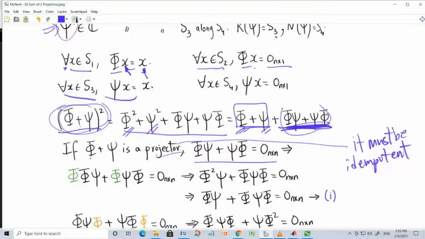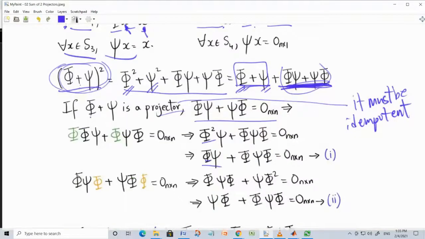Okay. Phi psi plus psi phi is equal to 0. Then multiply this matrix from the left by phi. You get phi squared psi plus phi psi phi is equal to 0. Then phi itself is a projector, so its square is equal to itself. So we get phi psi plus phi psi phi is equal to 0.